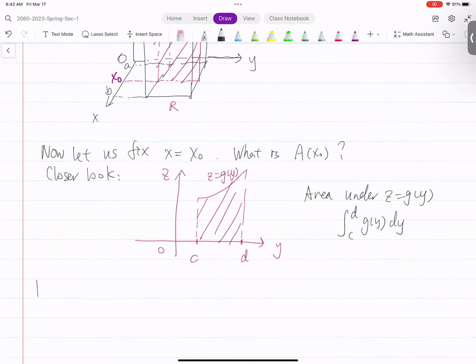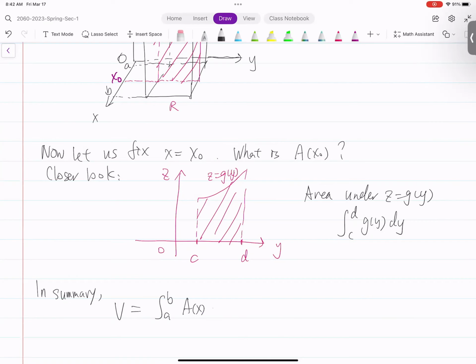In summary, V equals the integral, where now we change x from a to b.